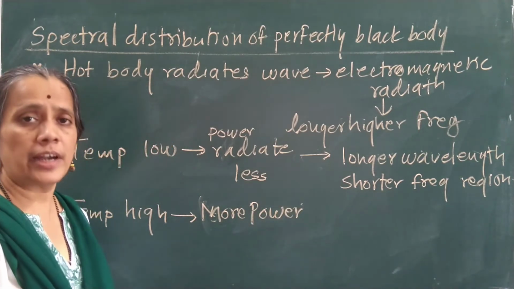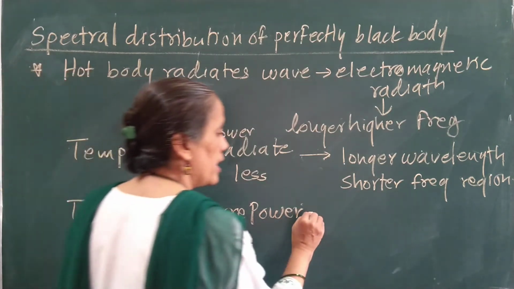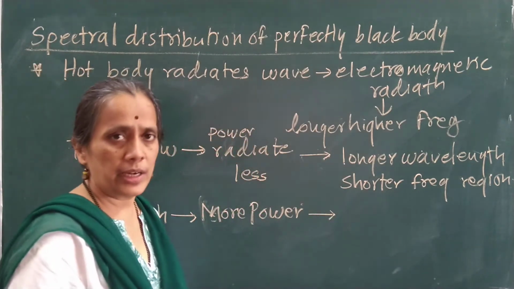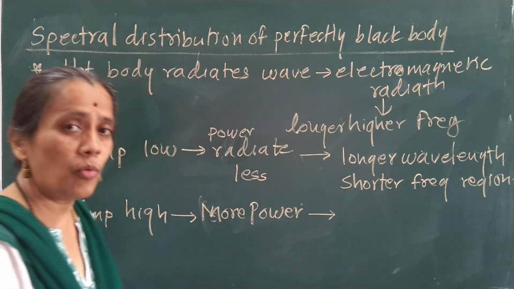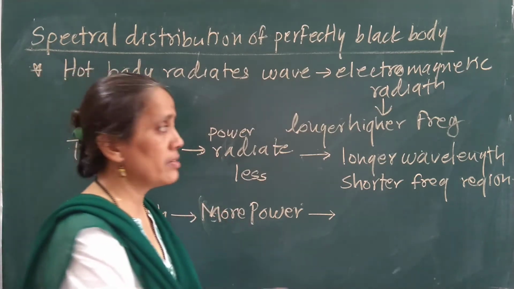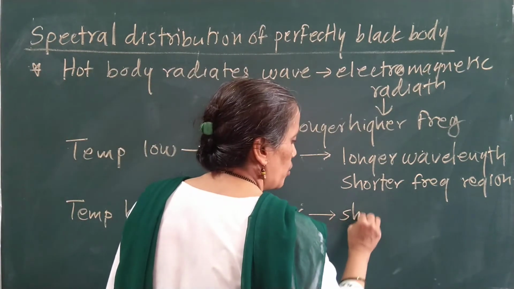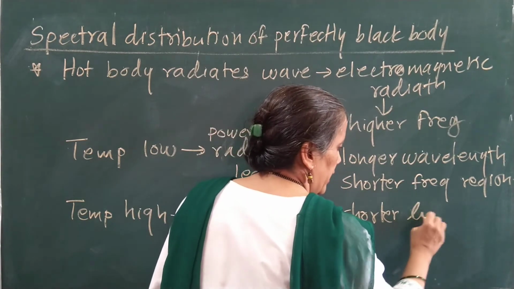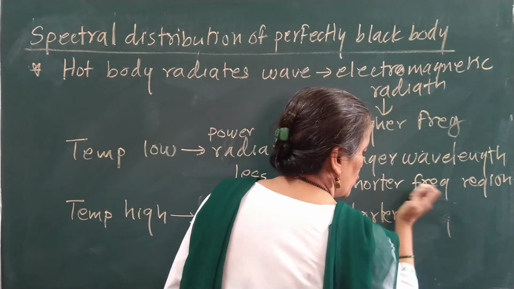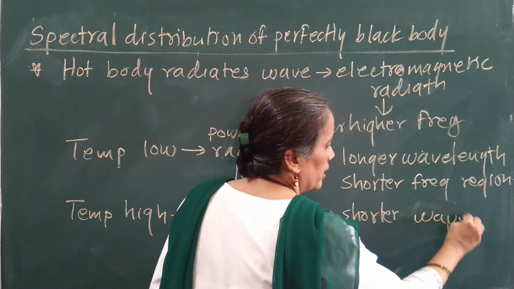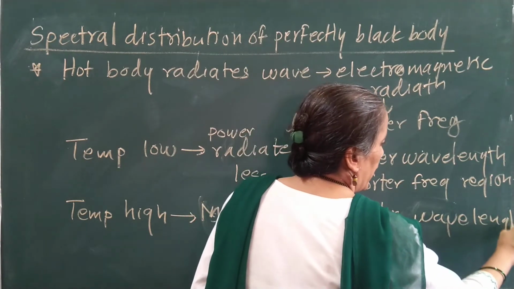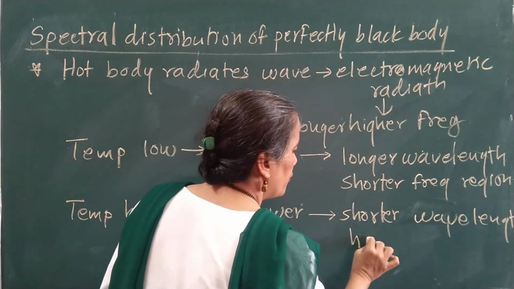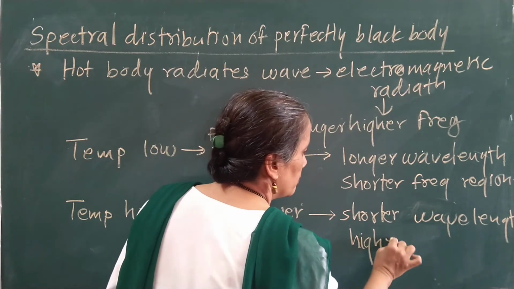The radiation rate will go on increasing. As the radiation rate goes on increasing, whatever electromagnetic waves are emitted go into the shorter wavelength region and higher frequency range.